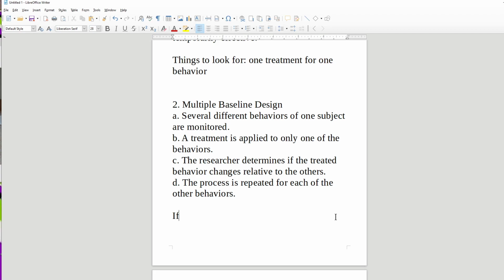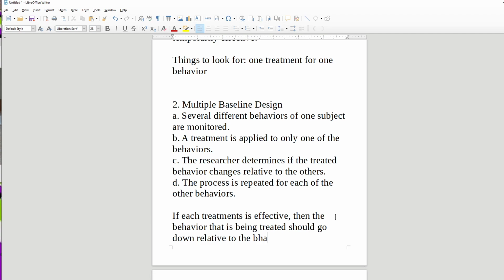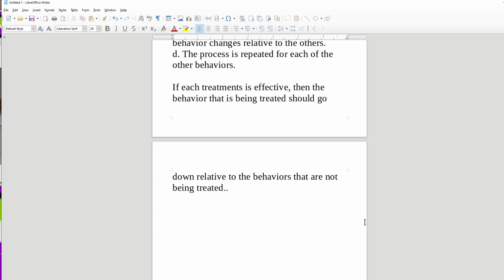So the idea is, if each treatment is effective, then the behavior that is being treated should go down relative to the behaviors that are not being treated. And that's when we're going to say a treatment is effective.